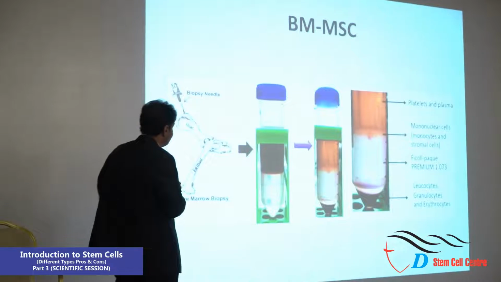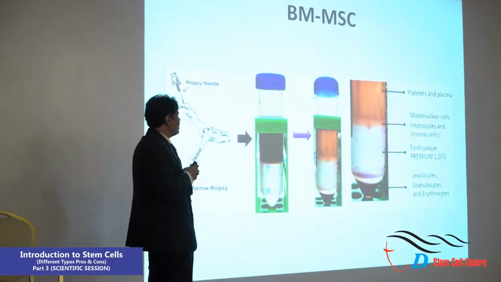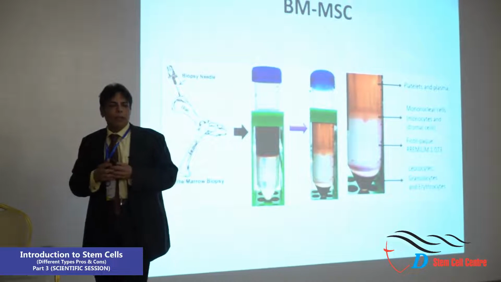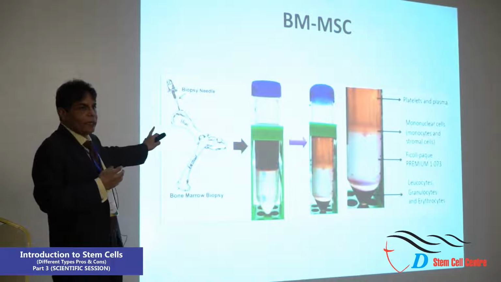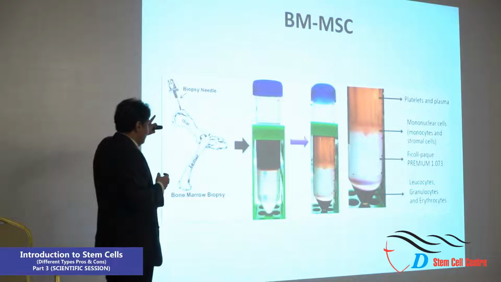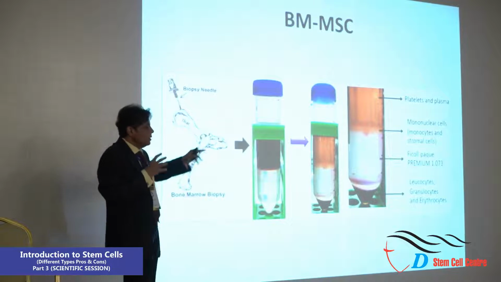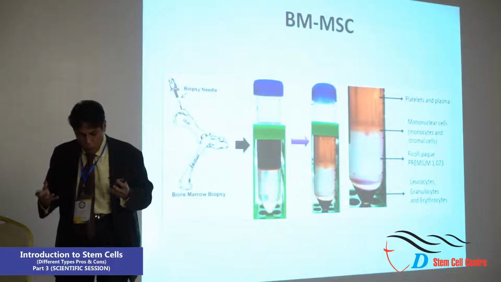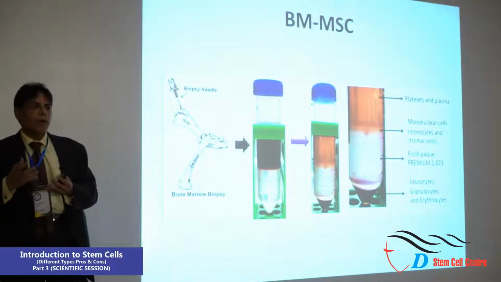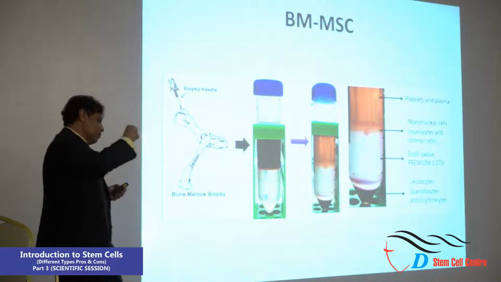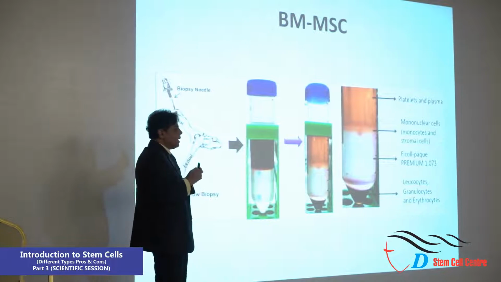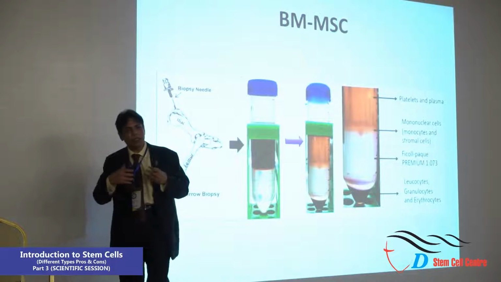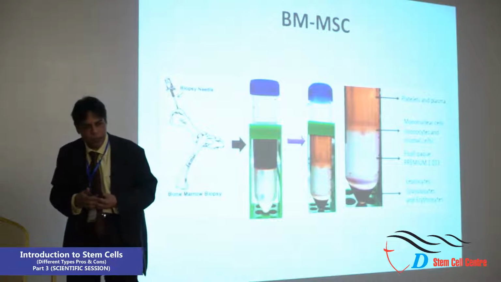अगली करते हैं, bone marrow mesenchymal stem cells or mononuclear cells. Bone marrow is extracted from iliac crest through biopsy, and this bone marrow is processed in a way that we get a fraction at the centrifuge, a fraction that has mononuclear cells. Of course, it is again going to be a mixed population of cells.